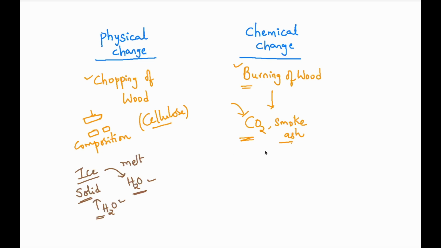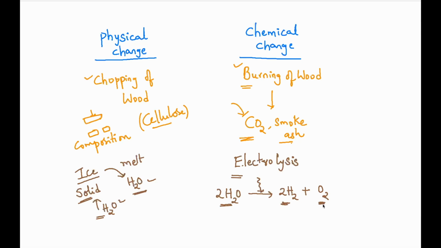Now, let's see another situation. When current is passed through water, the water molecules will decompose to release hydrogen and oxygen gases. If I were to write the balanced chemical equation, it would look like this. Here we have water, which is the reactant, and when you pass electricity, the water molecule is going to break down into hydrogen and oxygen gases.